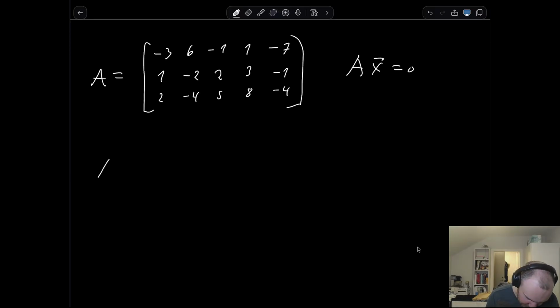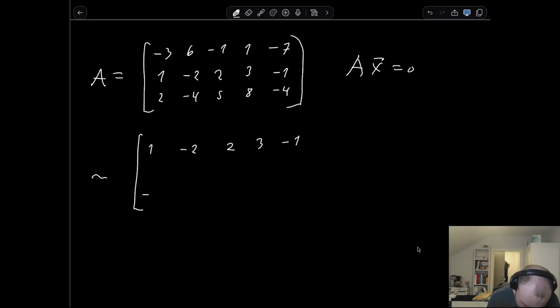Okay, so let's row reduce this guy. 1 is perfect, but I can move that up there. 2, 3, minus 1, like that. Let's see, if I did 3, then I get that guy.